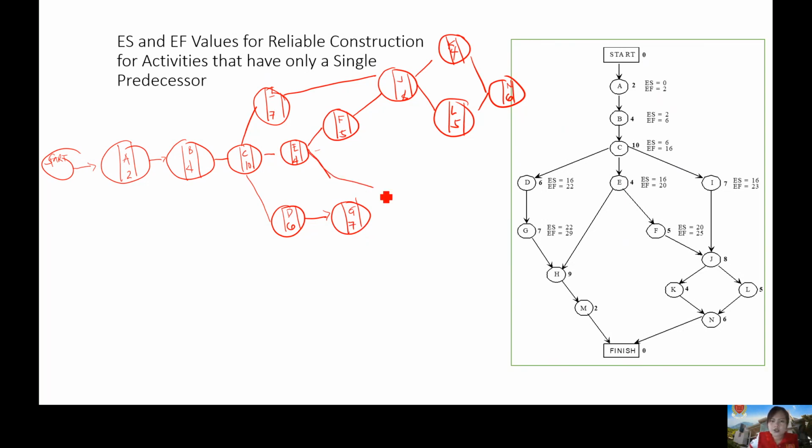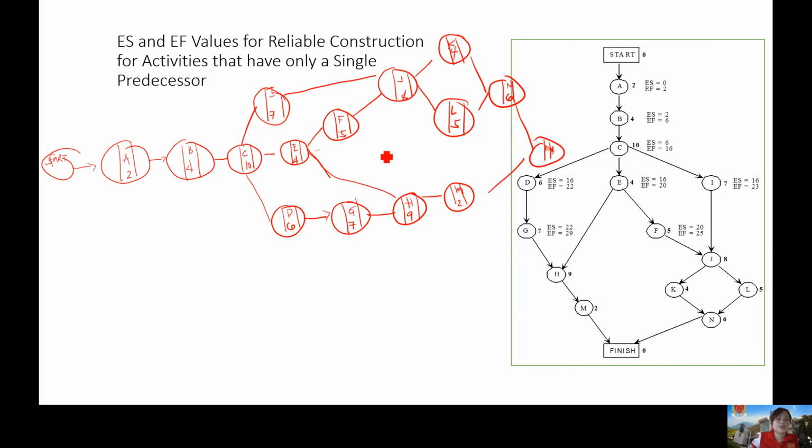E, going to H, 9 weeks. Then G, H, I, M. I'm just rewriting, guys, so you can see the manual way to do it. Okay? So, this is the manual way to do that.